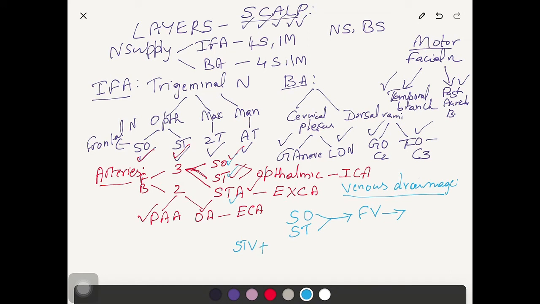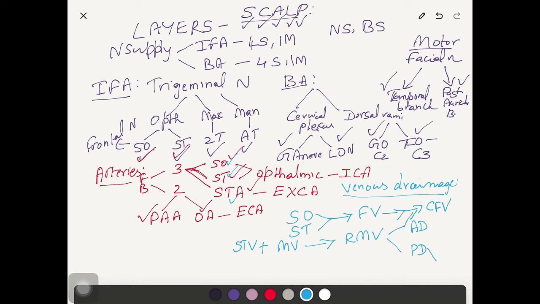gland, the vein corresponding to the superficial temporal artery comes in. The superficial temporal vein and maxillary vein join to form the retromandibular vein. This retromandibular vein divides into an anterior division and a posterior division. The anterior division joins with the facial vein to form the common facial vein, which will drain into the internal jugular vein.